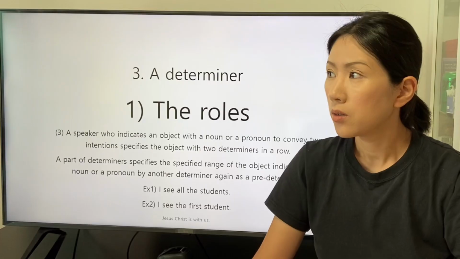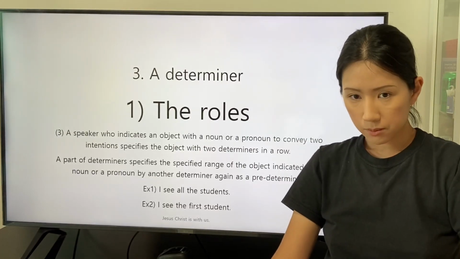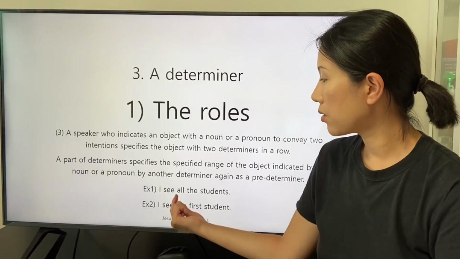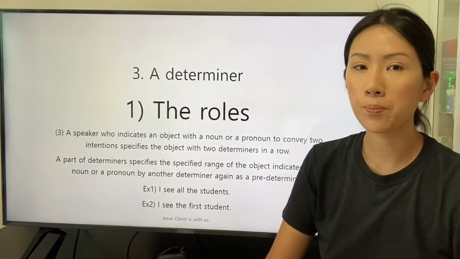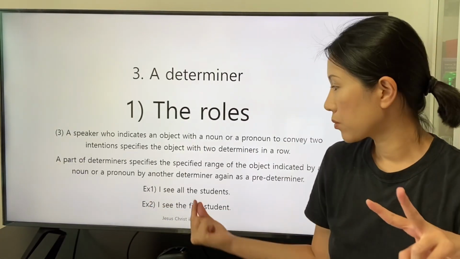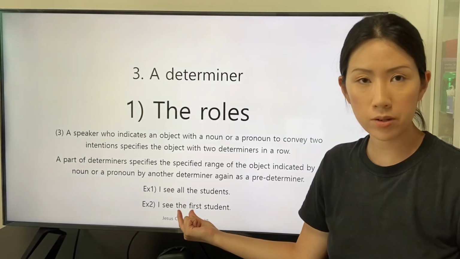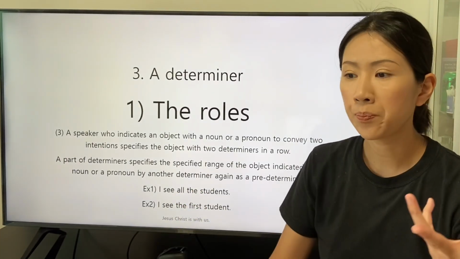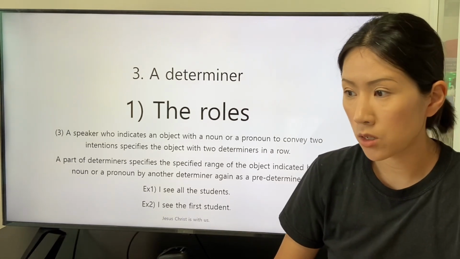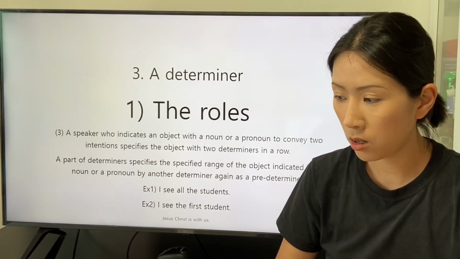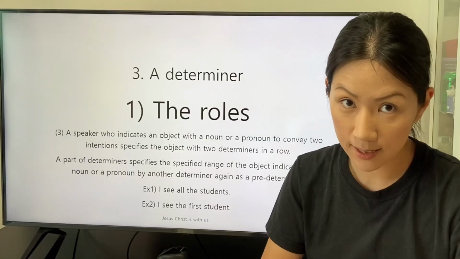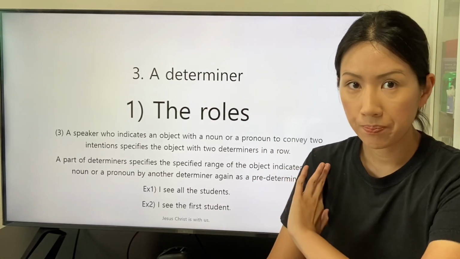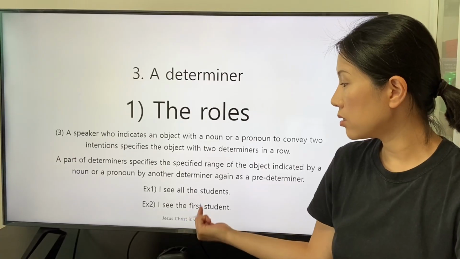From the application of the two determiners in a row from a predeterminer to a determiner, we can understand the range of the specification by the definition of the determiner at first, and then we can think of the range of the specification by the definition of the predeterminer secondly.